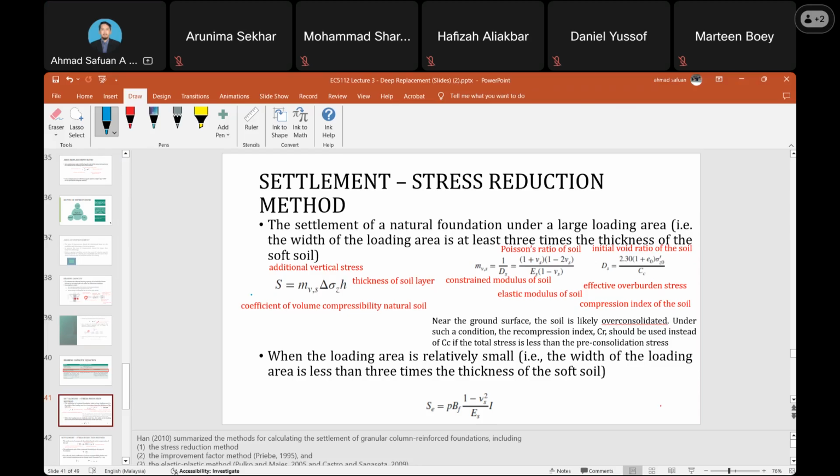So to determine the MV, we have two options. The first one is the use of the DS, the initial void ratio of the soil, and the other one is the use of the ratio of the Poisson ratio over the elastic modulus of the soil.